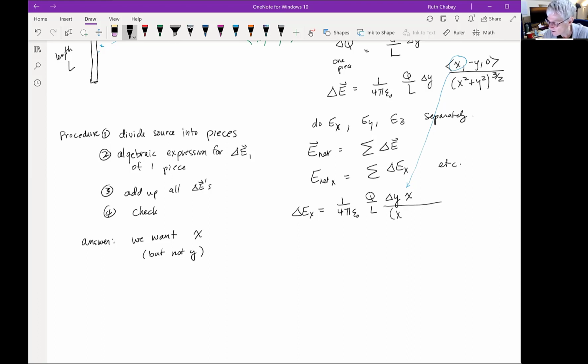And then we have our x squared plus y squared to the 3 halves. And delta E sub y is 1 over 4 pi epsilon 0 q over L delta y. And what we've got here is a negative y divided by x squared plus y squared to the 3 halves from that.